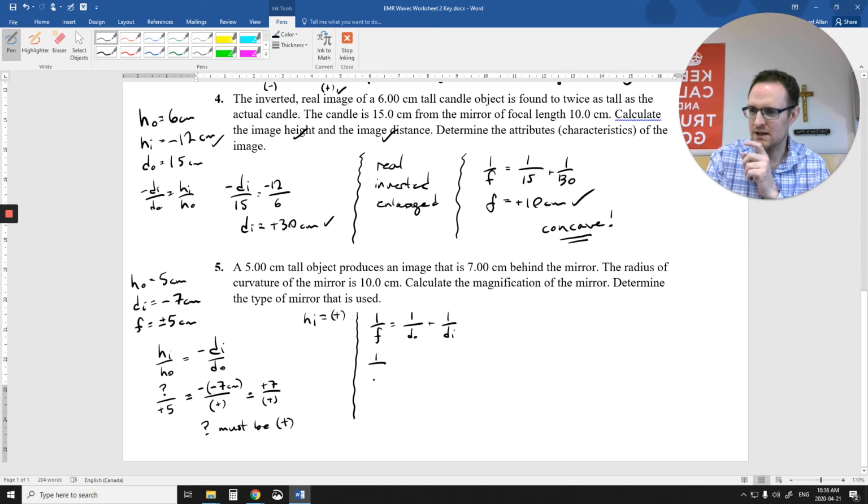So this here is positive or negative. Fine. We don't know that much. We don't know DO, I'm going to put a question mark there. And we know DI is a negative 1/7. Okay, so the key is that DO has to be a positive number, right? So we know this piece has to be positive.